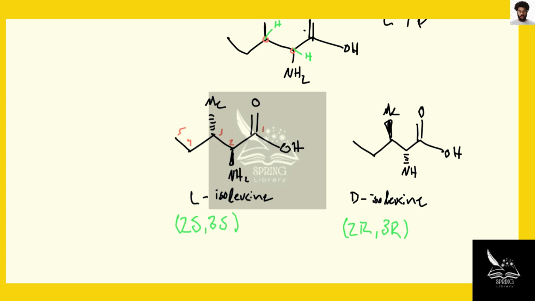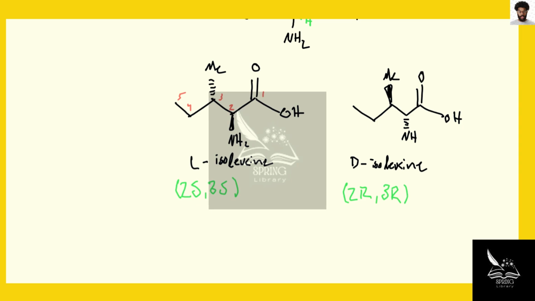But when people talk about isoleucine, 99.9% of the time they're talking about L-isoleucine. 1% of the time they're talking about D-isoleucine, and they're pretty much never talking about so-called L-allo or D-allo isoleucine.